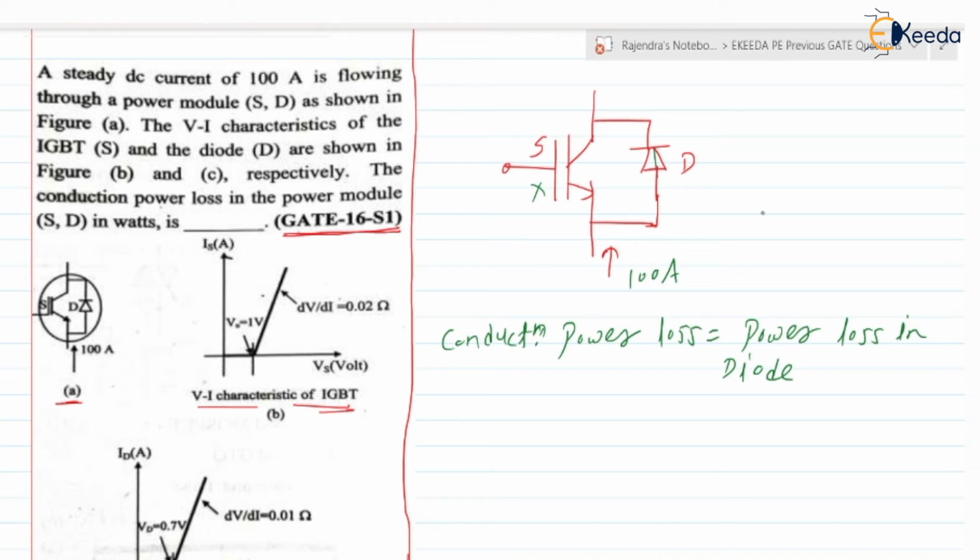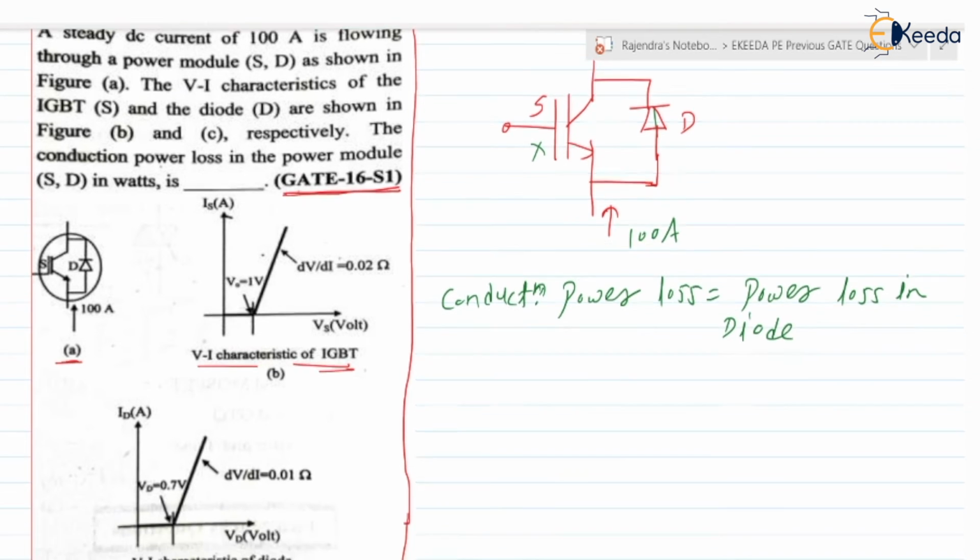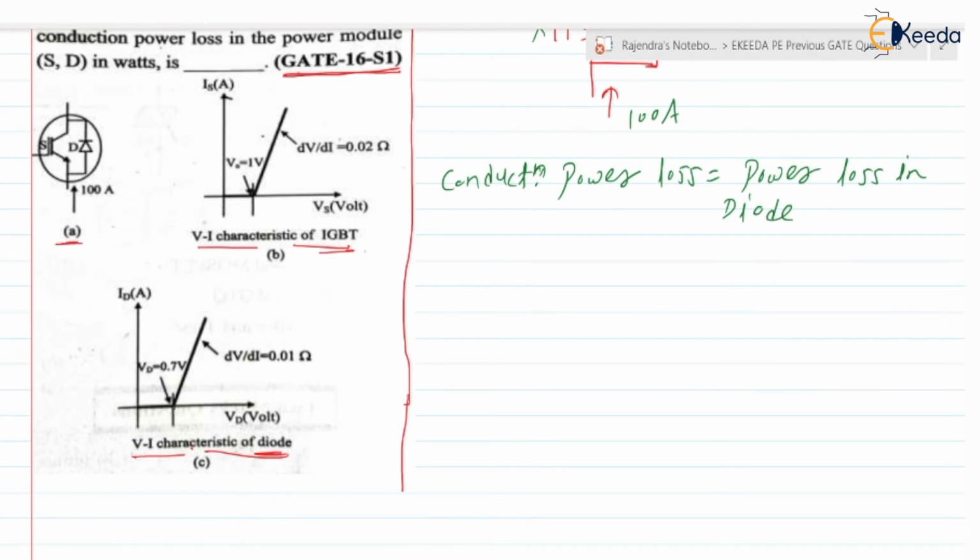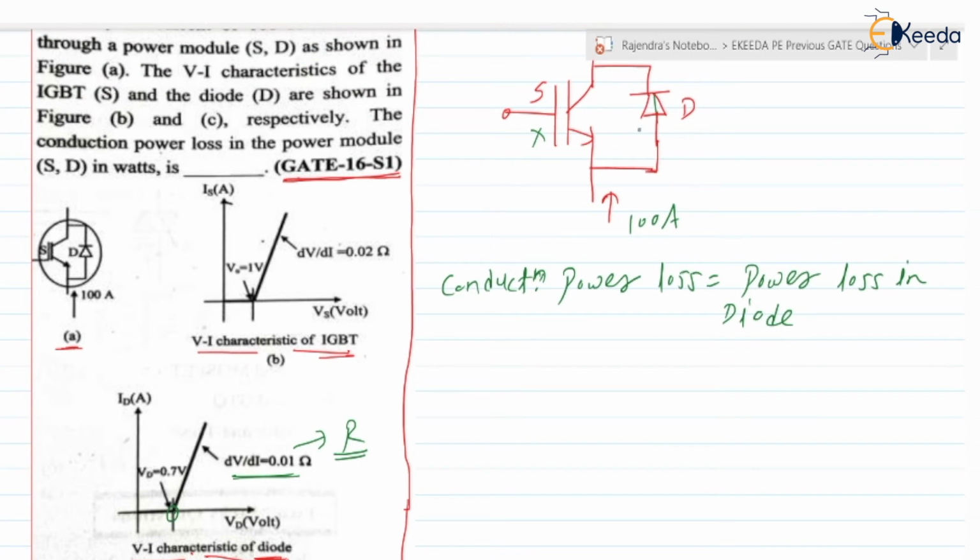Here, if you check the VI characteristic of a diode, the on state voltage across the diode is 0.7 volt, and after that dV by dI, the rate of change of voltage with respect to current, is nothing but the resistance. This indicates the on state resistance of the diode. As the IGBT is like an open circuit, the 100 ampere current is flowing through the diode only.